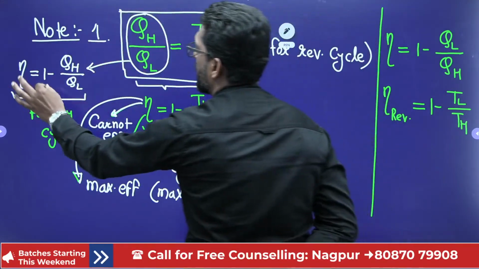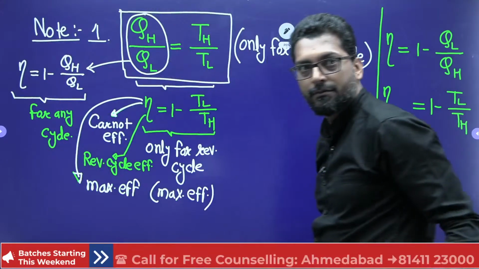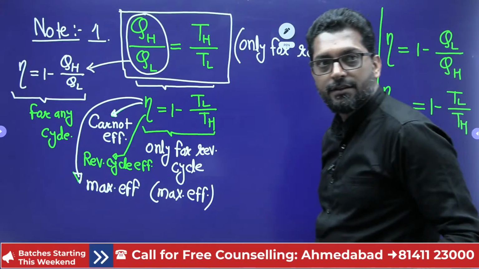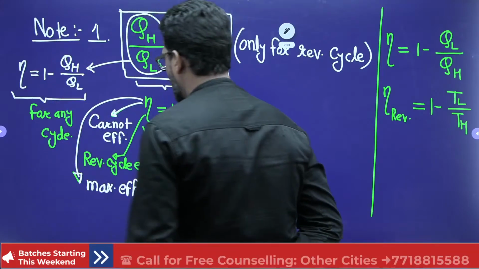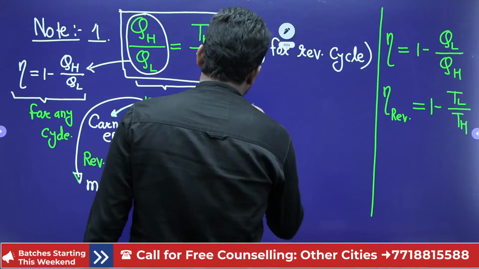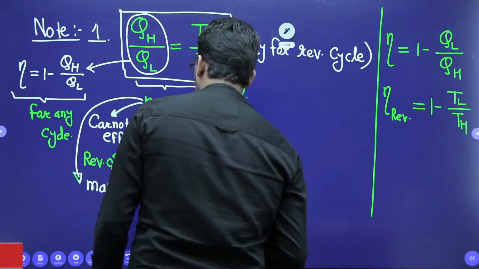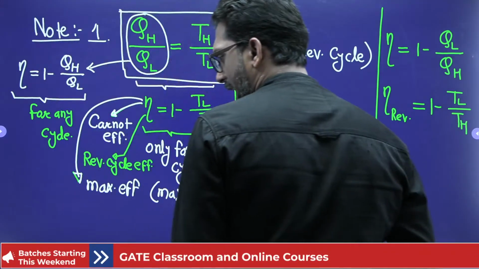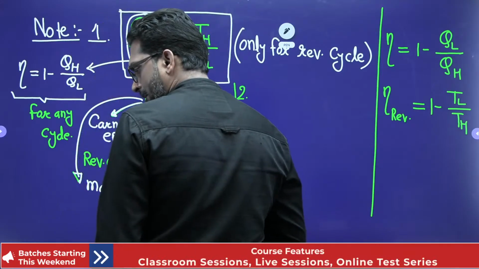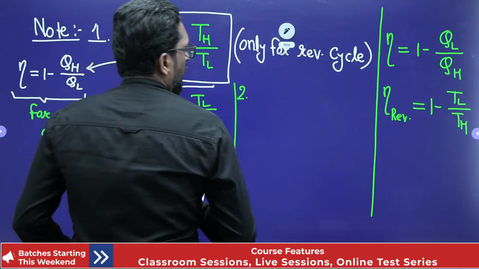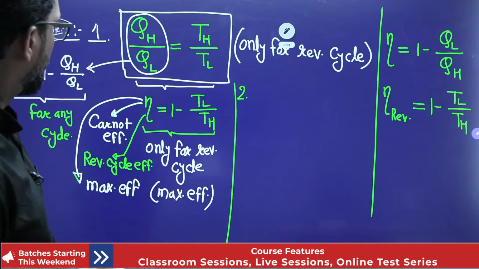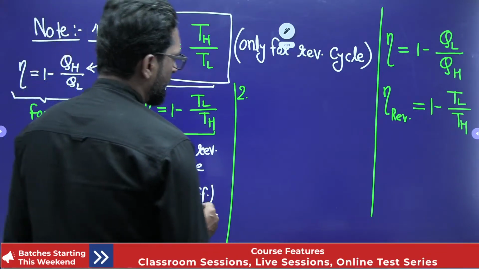And this is the efficiency of any type of cycle. That is number first. What is the number second observation? Number second observation is that, okay, we'll take the second observation.